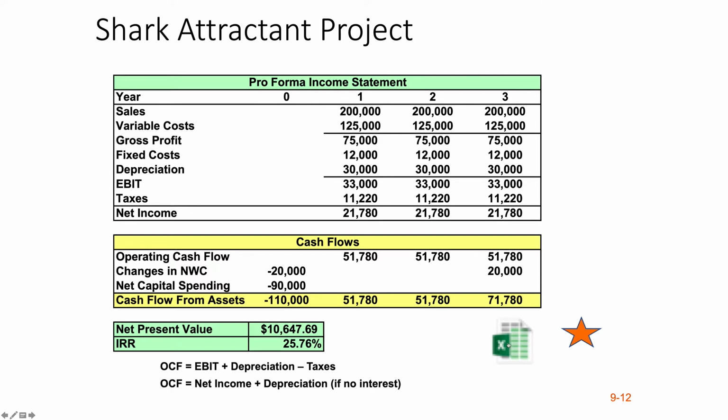You can download it, but here, just saving time, I'm going to show you here. So the cash flow from asset for time zero is negative 110,000. Cash inflow for years one and two is $51,780. The third year is $71,780, including the recovery of net working capital.